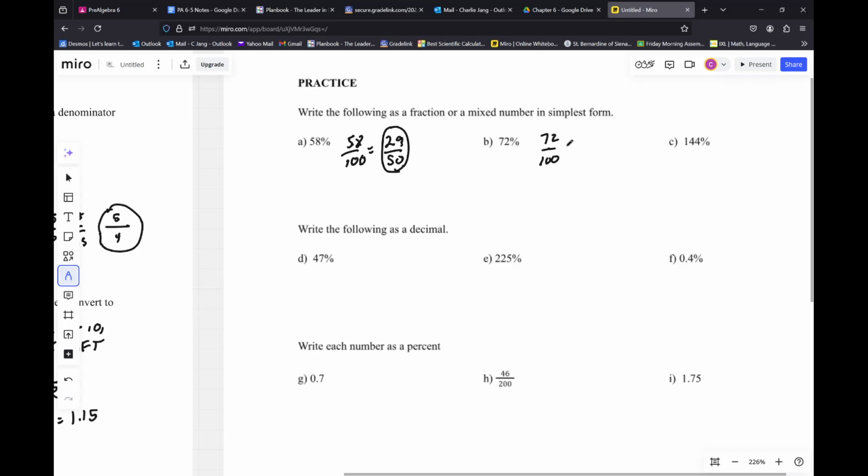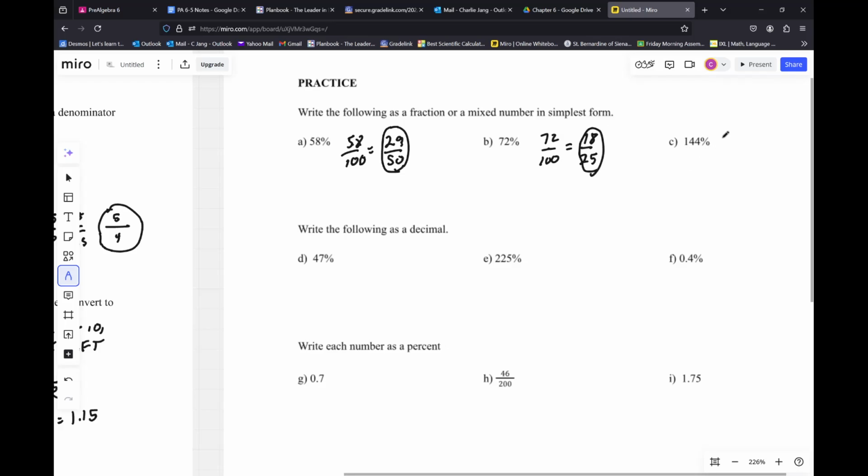And if I simplify that, I believe this is divisible by, let's see, 4? Let's try 4. So if I divide the top and bottom by 4, I get 18 over 25. And that looks about right. And 18 over 25 is fully simplified.